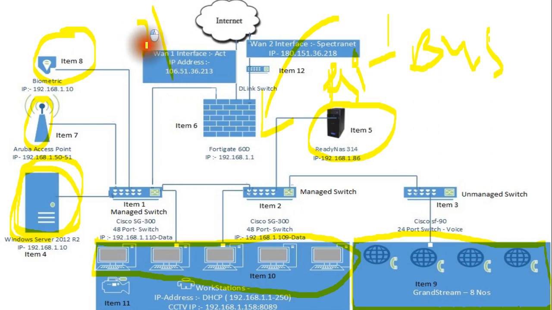Now I need security as well. So for security, in this scenario I am using one firewall. This will be my gateway. This will be my entry point for my organization, and this is my complete organization.